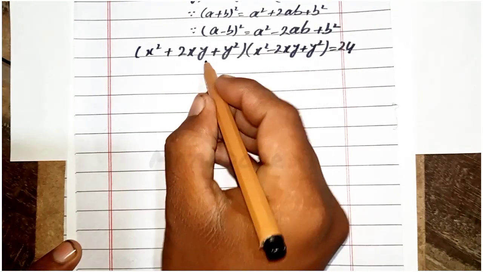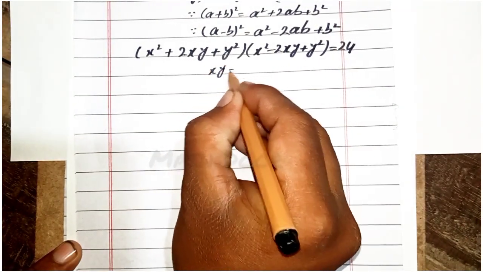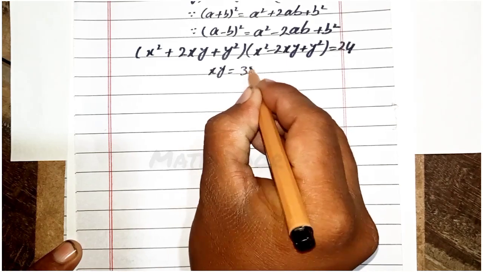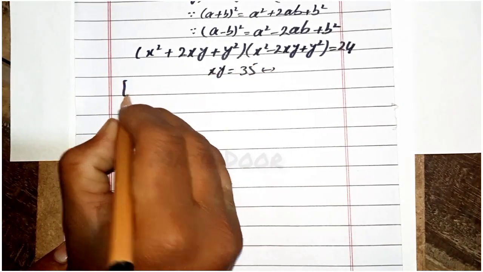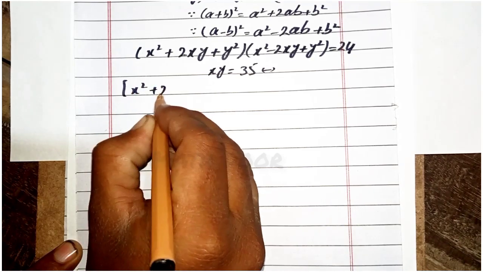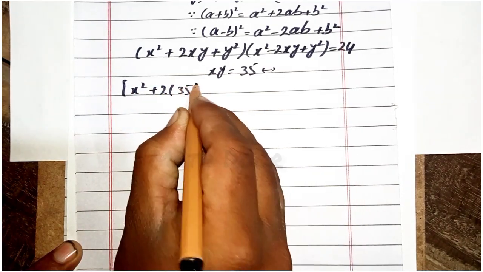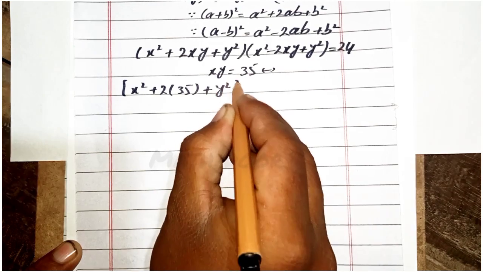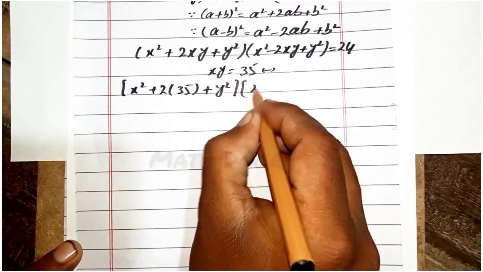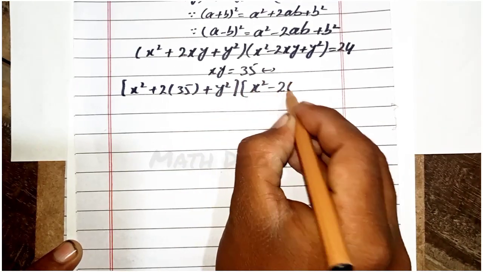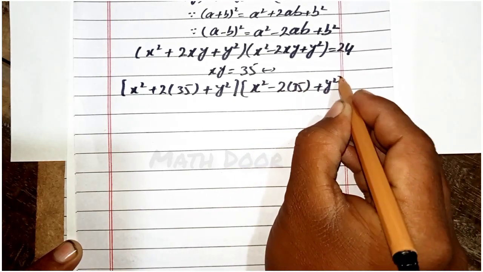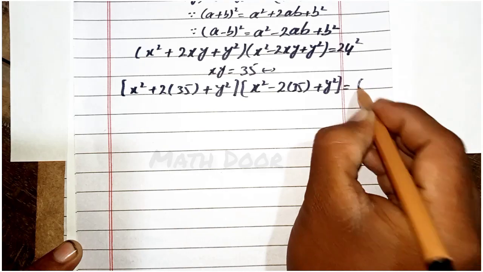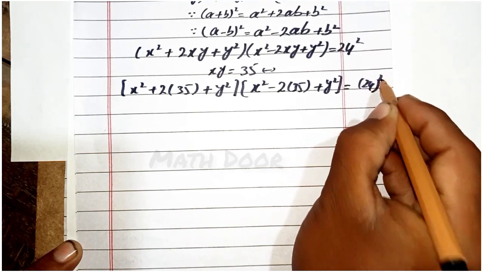Now we recall equation first, in which we know xy is equal to 35. Applying this here, we can write (x square plus 2 times 35 plus y square), and again (x square minus 2 times 35 plus y square) is equal to 24 square.